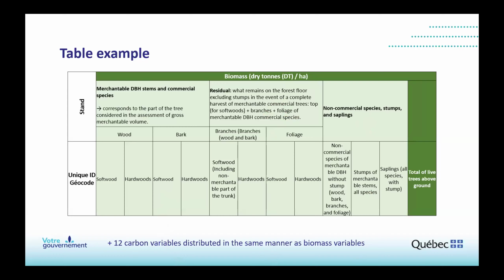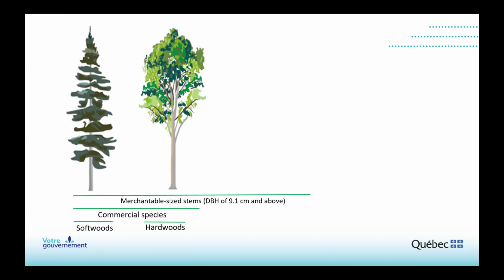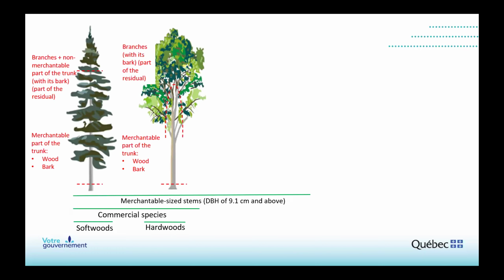To put that in another perspective, this is what it looks like with images. So we have merchantable size stems, which have DBH more than 9.1 centimeters. We can divide this into commercial species that are softwood and hardwood. We take the merchantable parts of the trunk, which is wood and bark. We differentiate that from branches plus the non-merchantable part of the trunk for softwood, and branches for hardwood.